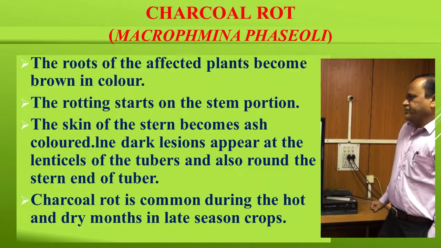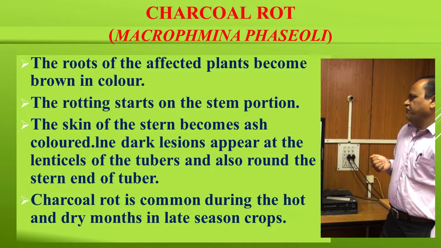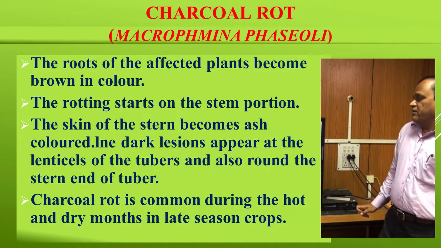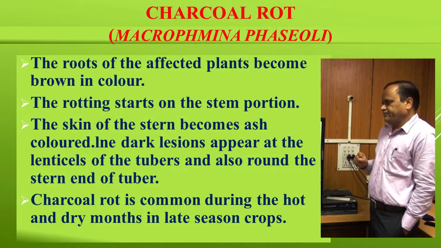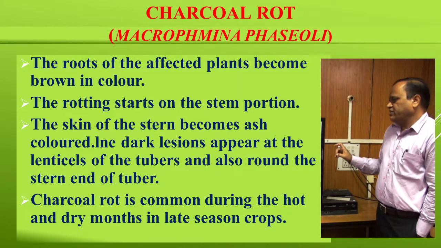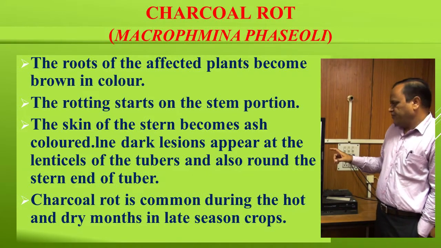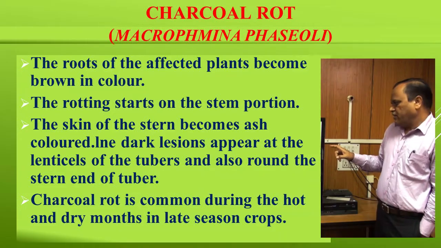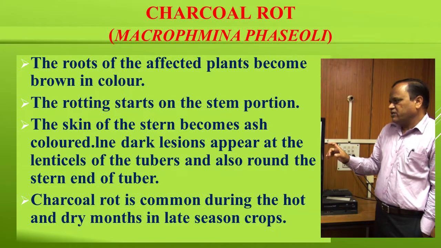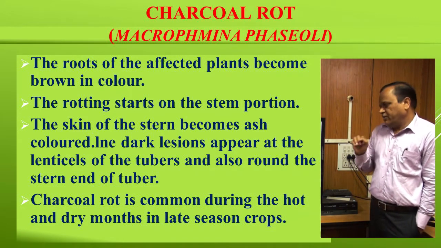Now another disease is charcoal rot, and it is caused by Macrophomina phaseolina. What are the symptoms? The roots of the affected plants become brown in color. The rotting starts on the stem portion. The skin of the stems becomes ash-colored, dark lesions appear at the lenticels of the tuber and also around the stem end of the tuber.